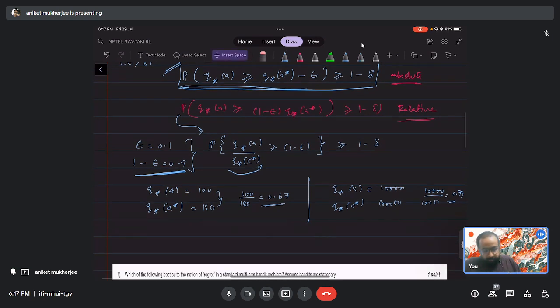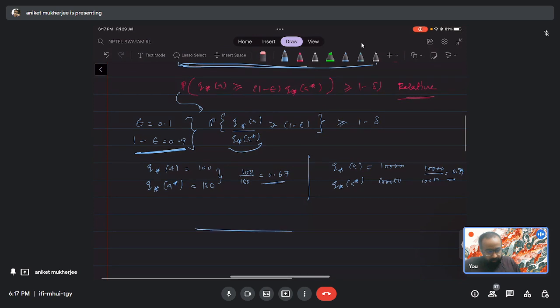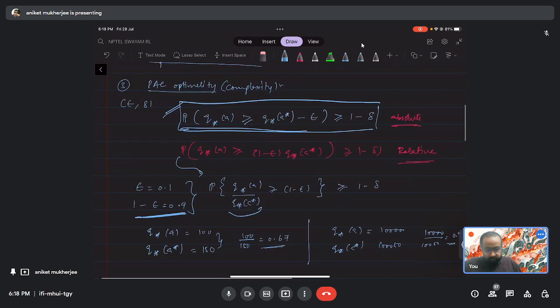So for this, if your expected arm is 150 and you estimate it as 100, then your epsilon is 50. So you're in the range of 50. That is what Sir meant when it's absolute and relative. It doesn't matter how big your true optimal expected value for the true optimal arm was. It is just how close you are to the true optimal arm, not in percentages but absolutely.